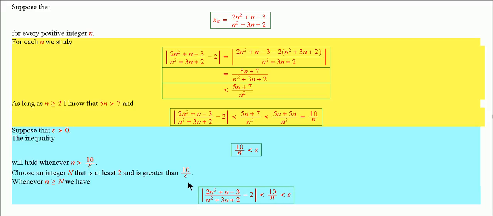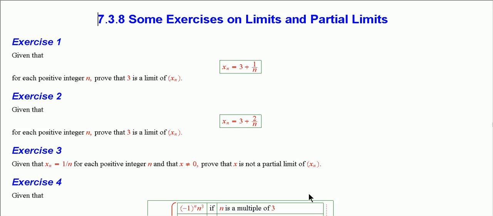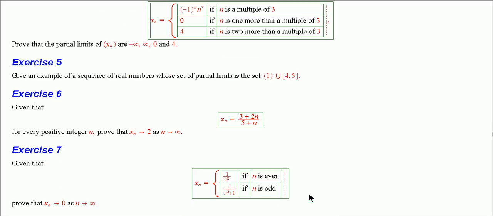See? So I've shown that this inequality, distance from there to 2 less than epsilon, holds eventually. We found a big N for which that inequality holds for every n greater than or equal to big N.